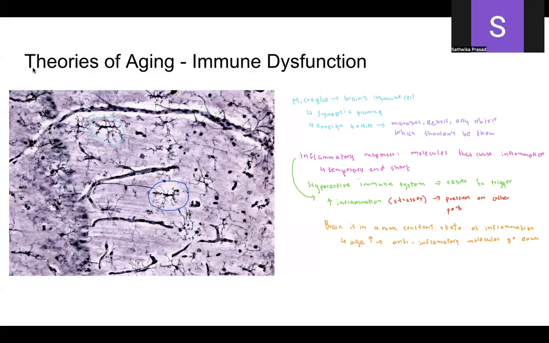Another thing that you should also think about is that when you have this immune dysfunction going on, it really makes you think about what would happen if this were happening in other parts of the body. It's interesting to put it into perspective, right?